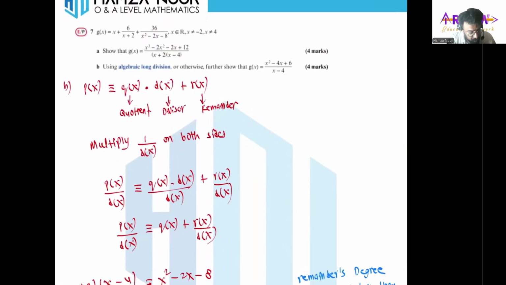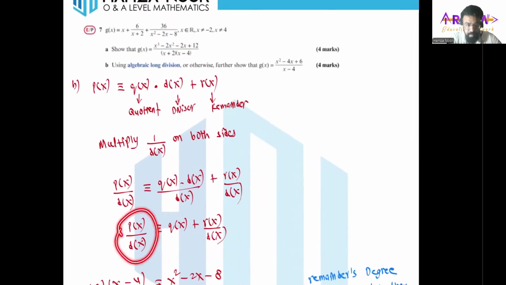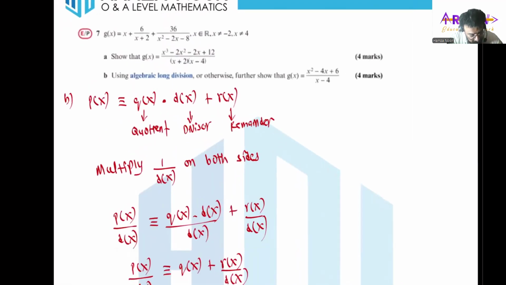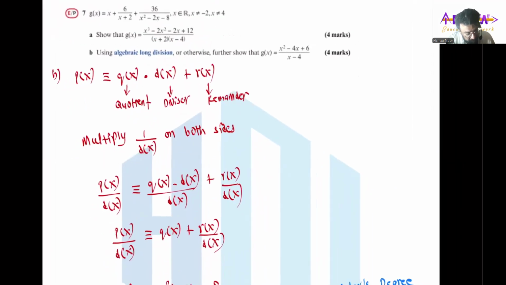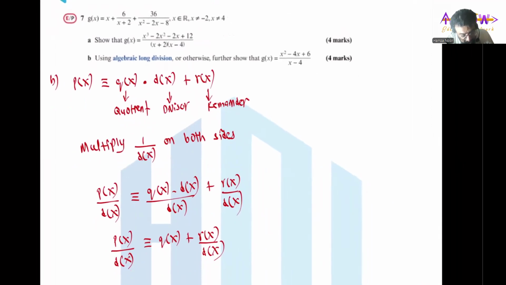Now we are going to use the identity in this way. Whatever you have obtained in part A, as you can see, gx is equal to x cube minus 2x square minus 2x plus 12 divided by x plus 2 multiplied by x minus 4. I can say that this is a form of polynomial divided by divisor.